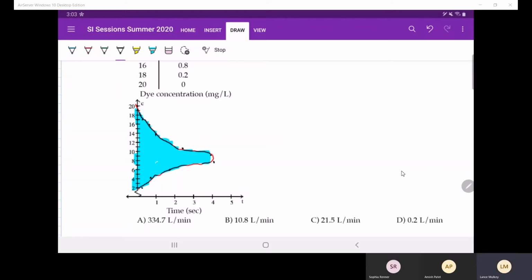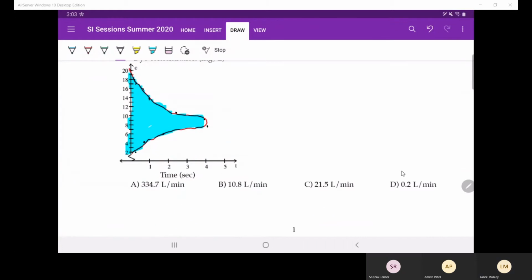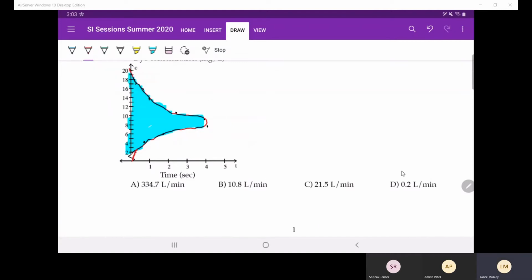I'm gonna do 4 rectangles at 5. Actually, this goes like this. So at 5, I'm gonna go 1. That's a rectangle.